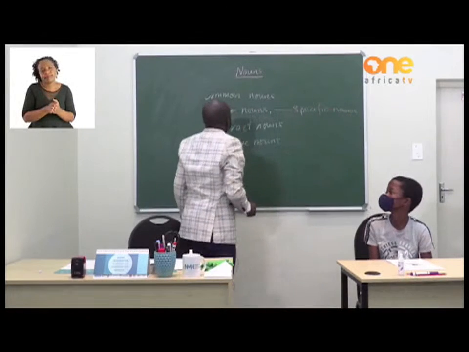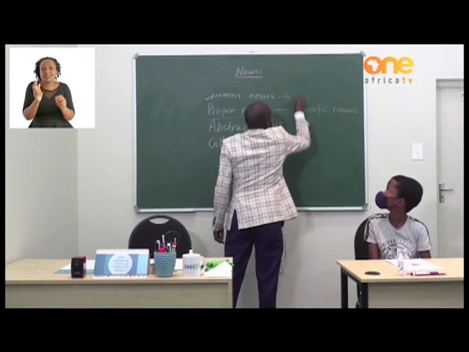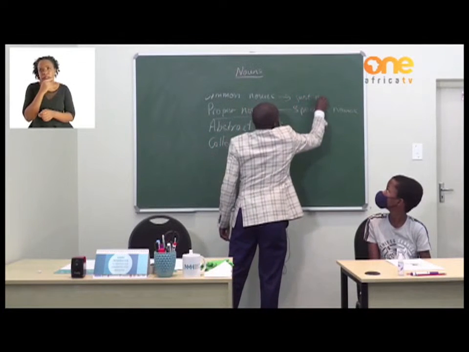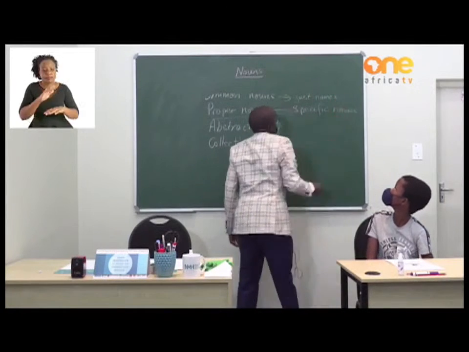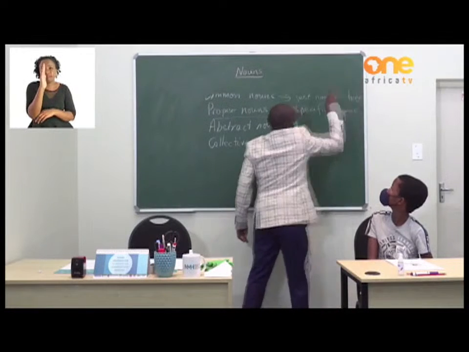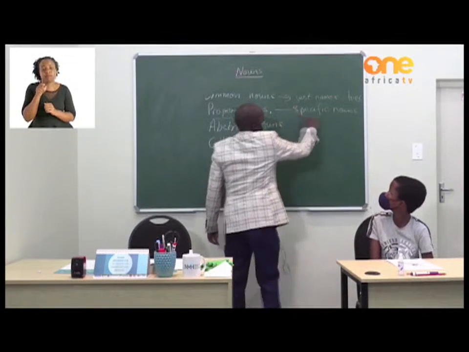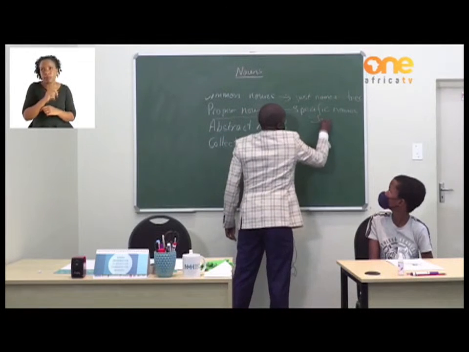All right. And common nouns are just names. Right. For example, here, if we say tree, that's a common noun. And here, a specific noun, we say Shilongo.